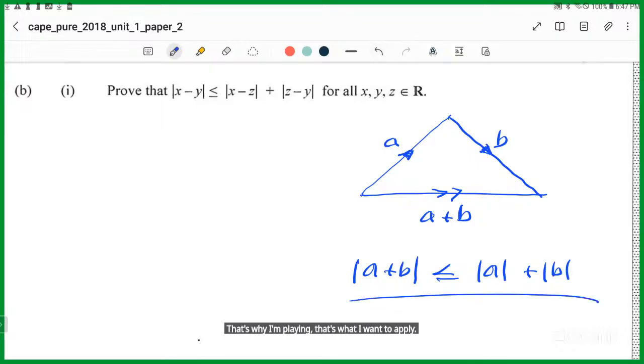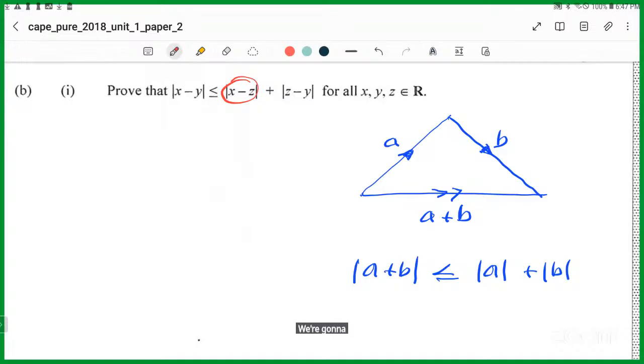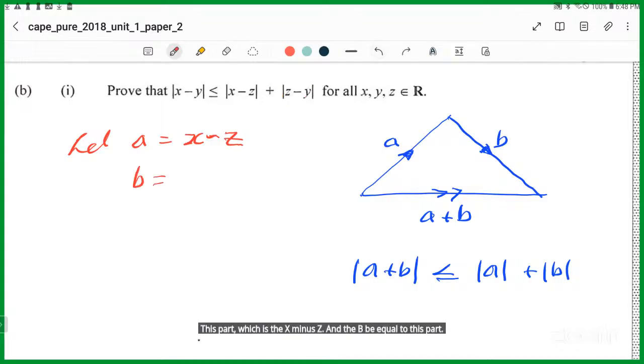Now to use this and prove this up here, we're going to be smart about the application. We're going to let this part equal A and this part equal B. So let A be equal to this part, which is x minus z, and B be equal to this part, which is z minus y.